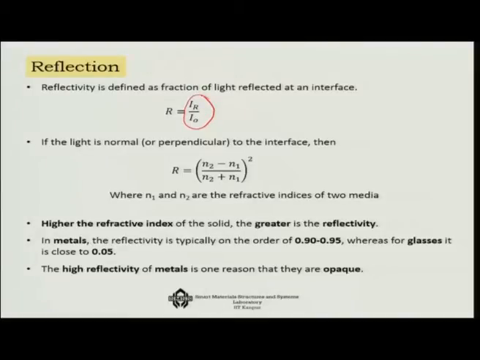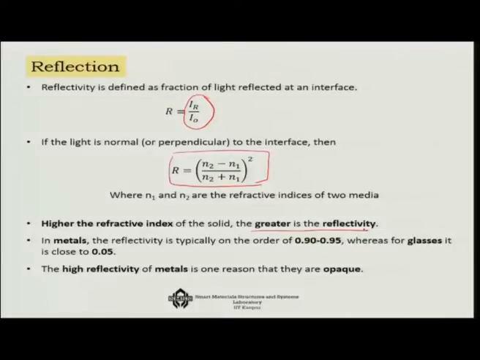So, if the light is normal or perpendicular to the interface, then R can be derived to be (n2 minus n1) by (n2 plus n1) whole square, where n1 and n2 are the refractive indices of the two media.